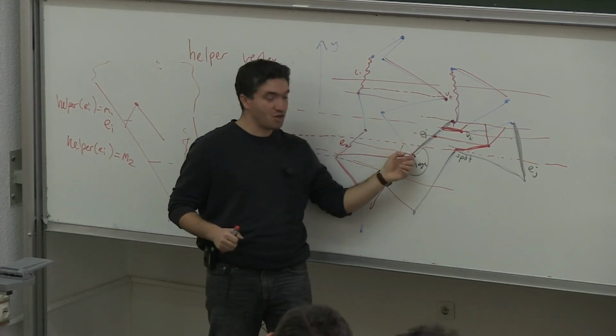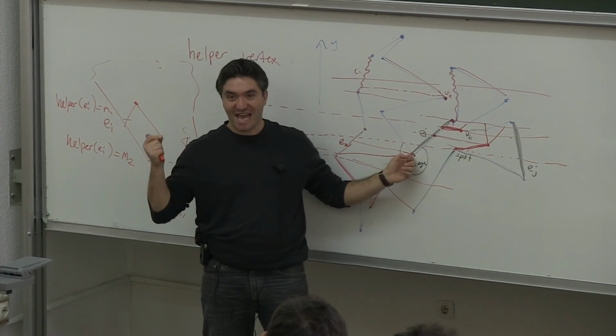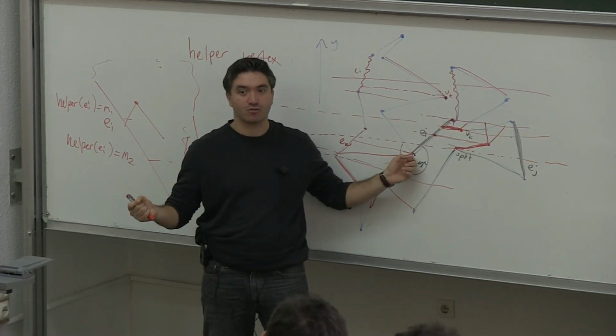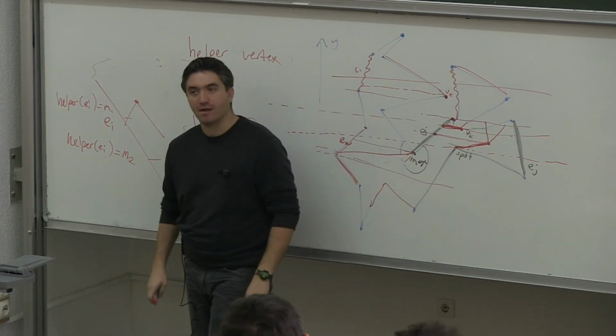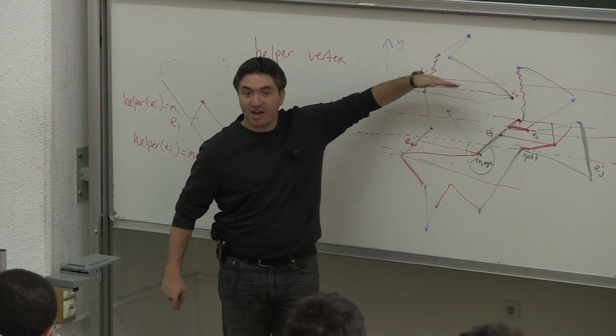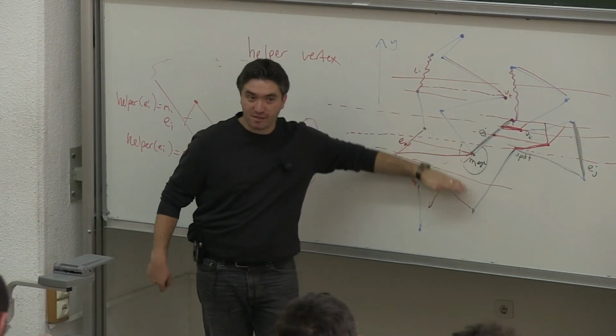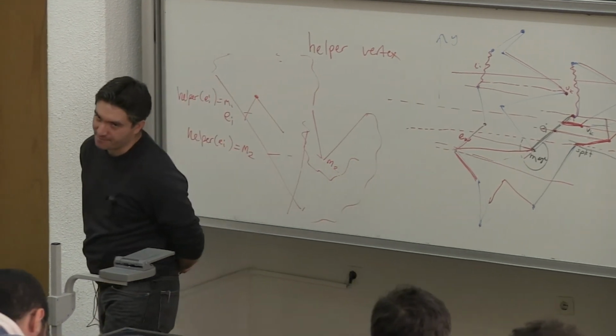Given a new point on the sweep line, we need to query an edge in this binary search tree. This query takes log n time, and we may need to do it n times, for each vertex at the sweep line. So the time complexity of n log n comes from that.